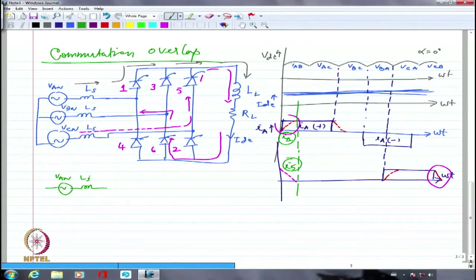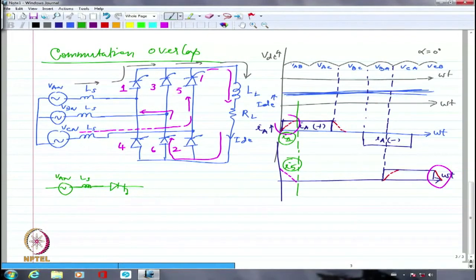One is conducting. So I am going to show as though one is closed. This is closed. Hopefully it has started conducting. So this is inductance LS.